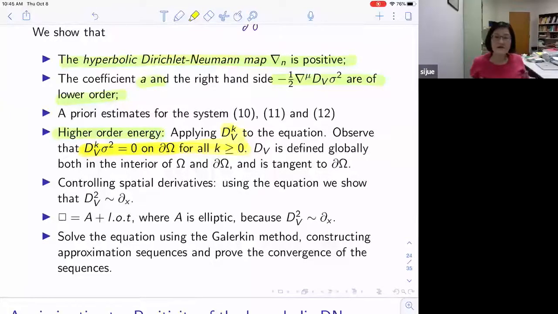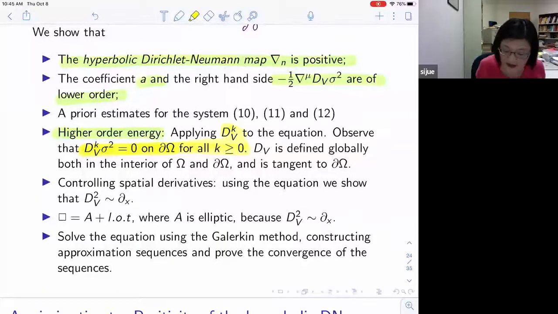So we use the material derivative to get higher order energy. But as all of us have done a Pauli estimate, we also have to use the Sobolev embedding a lot of times. So that means we still need to know the Sobolev norm of the solution. So how do we get the Sobolev norm of the solution?